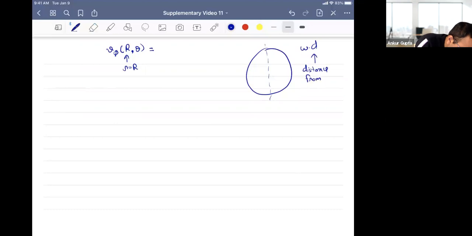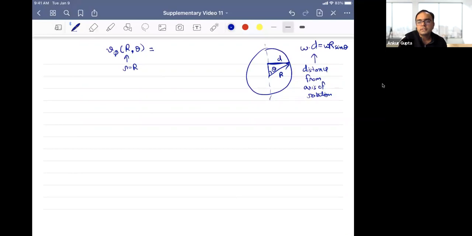Here d is like this, for instance, so it will vary with theta. This is r, this angle is theta, and this is d. So d is essentially r sine theta, and the velocity is omega r sine theta. I hope that makes sense.